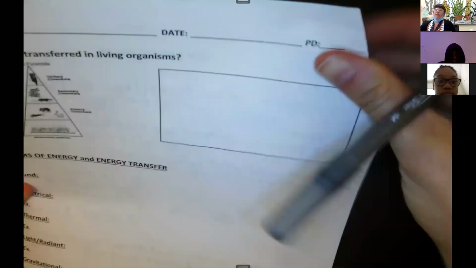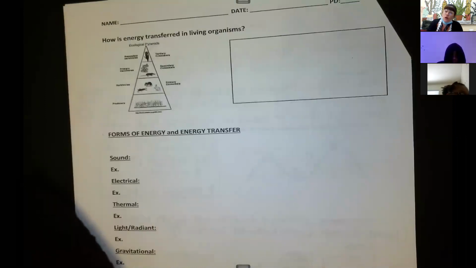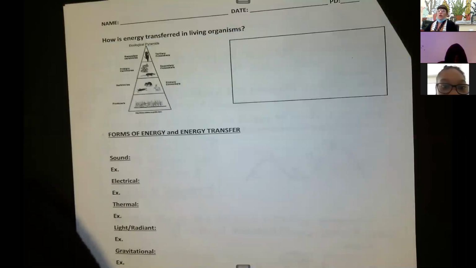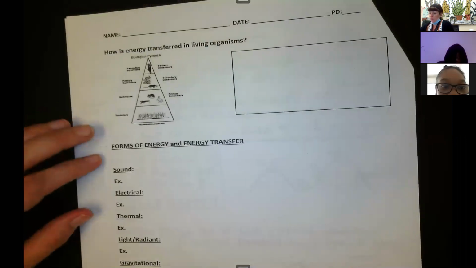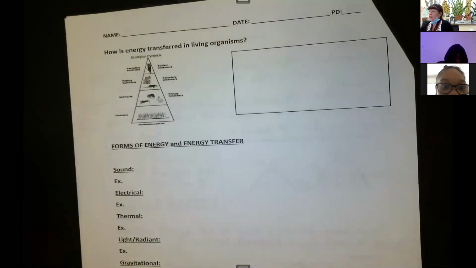All right, so this is that food chain question that we did as a do now. Again, my suggestion is when you're studying to also take a look at the do nows because they are an awesome frame of reference. So how is energy transferred in living organisms? Meaning not that they eat each other, right?